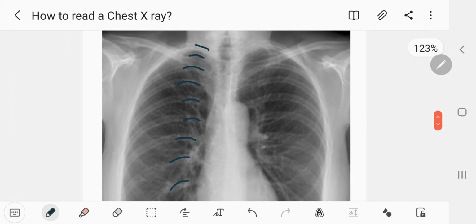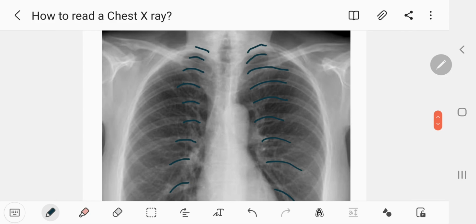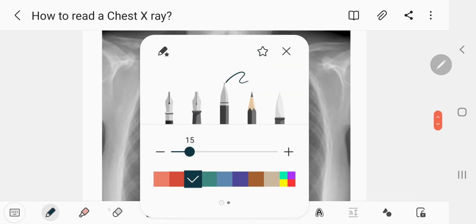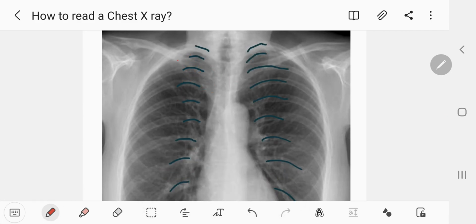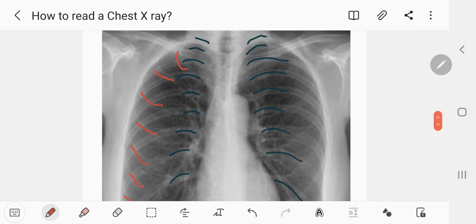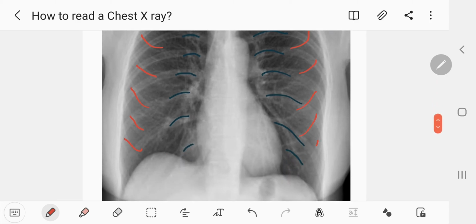On the other side, we have 1, 2, 3, 4, 5, 6, 7, 8, 9, somewhere here 10. So we can easily see 10 ribs on both sides. I must have counted wrongly over here; it's 10 here. And if you appreciate the anterior ribs, it starts from here, 1, 2, 3, 4, 5, 6, 7, and it's similar on the right side, 1, 2, 3, 4, 5, 6, 7.